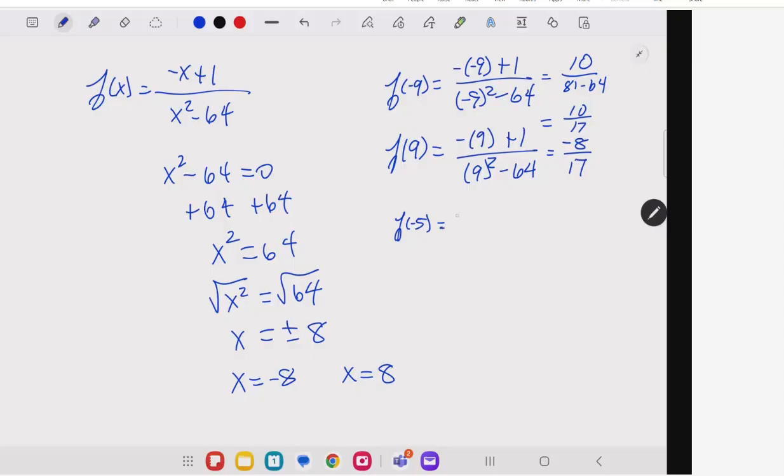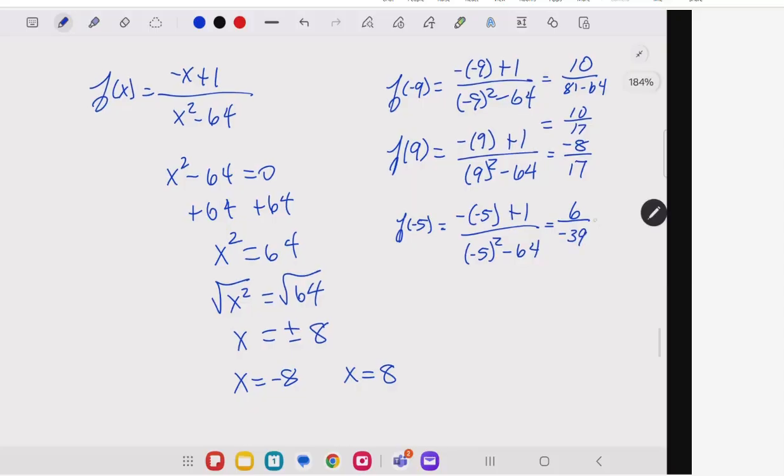So that would be negative 5 plus 1 over negative 5 squared minus 64. So that would be negative 4 over 25 minus 64, which is negative 39. And so that gives us 2 over negative 13. So that's below the x-axis.